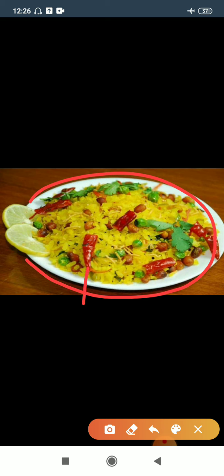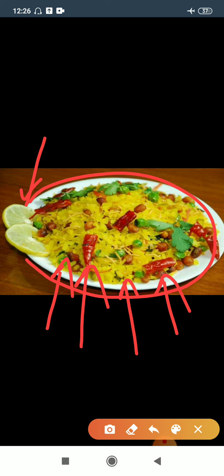You can observe chilies, peas, poha, groundnut, lemon, coriander, and different types of spices were also added for making this poha. Now tell me students, if you don't want to eat these chilies, what are you going to do? Think.